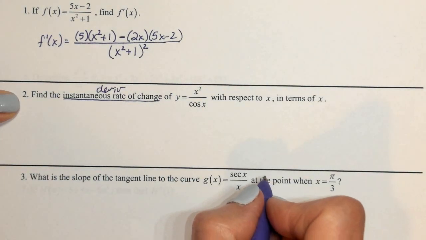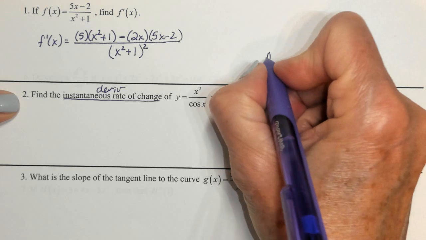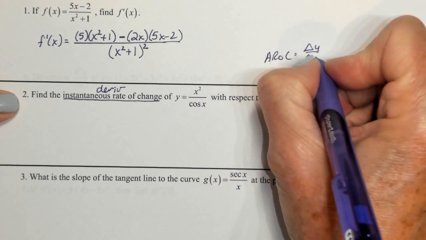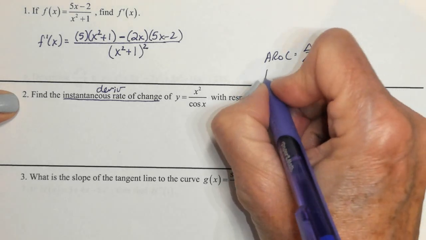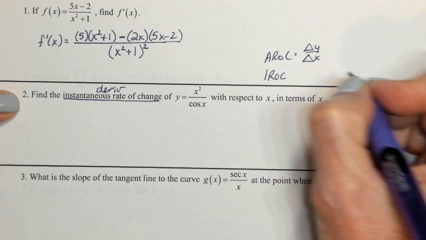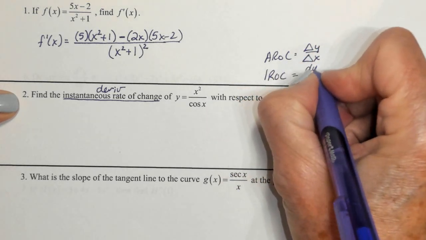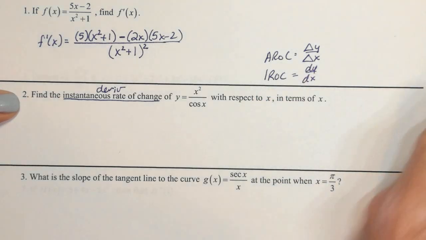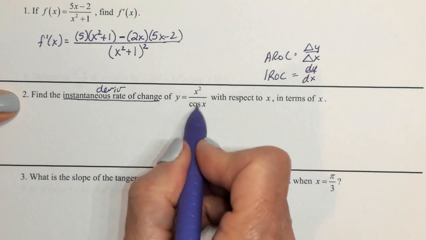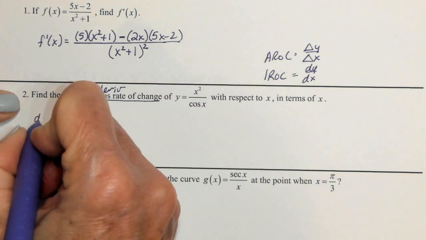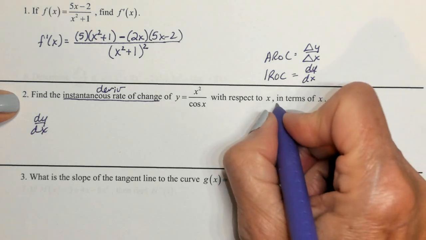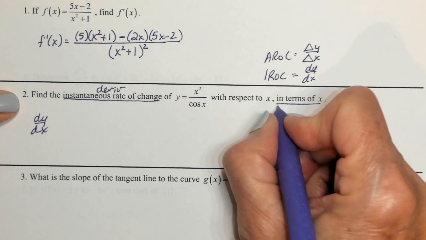Okay, remember you guys, AROC is change in y over change in x. IROC, instantaneous rate of change, is dy dx. It's the derivative. Okay, so here's our y. We want to find dy dx in terms of x, that just means we will have x's in our answer and no other variable.